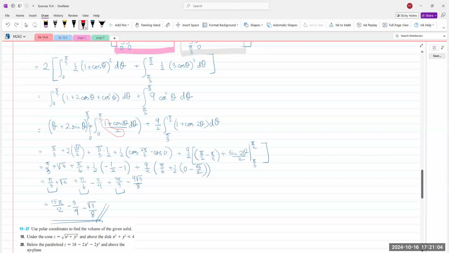I'm good. And then the one here is 1/2. Oh, that's where I made a mistake. If I integrate that, it's supposed to become sine, not cosine. Okay, so this should be sine.